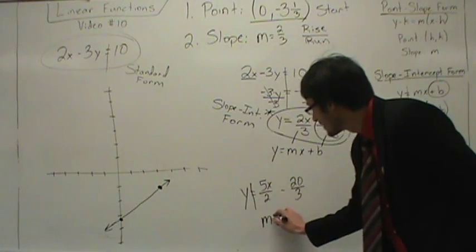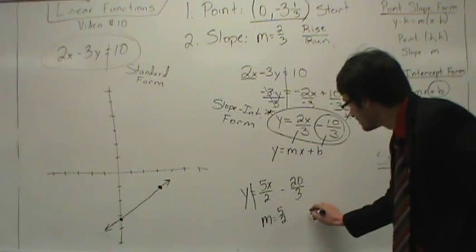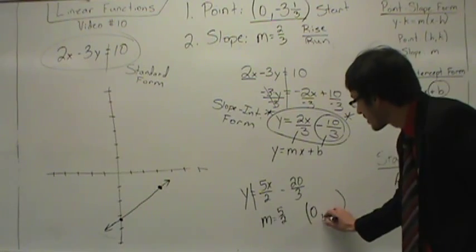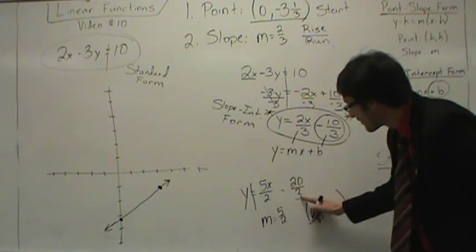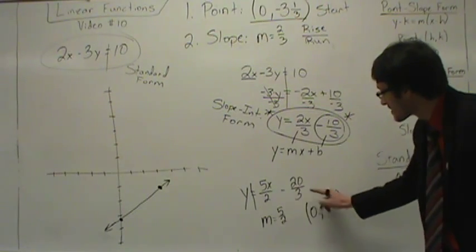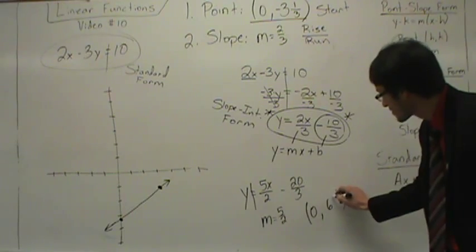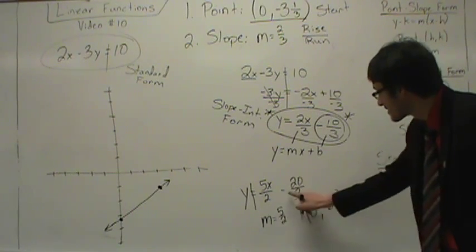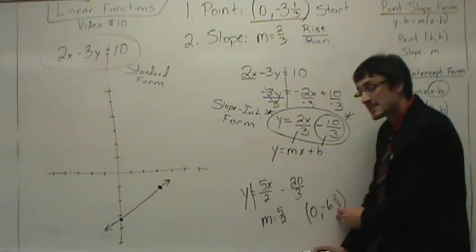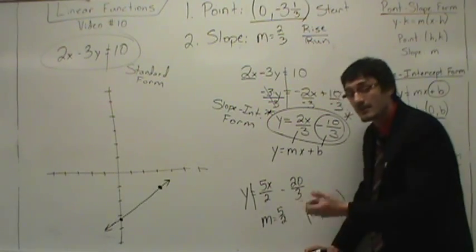Our slope is what's in front of x, 5/2, and our point, since this is a y-intercept, starts with 0, comma, and then we take 20 divided by 3. 3 goes into 20 6 times, 6 times 3 is 18, there are 2 left over to get to 20, so 2/3. Since this is negative, you will graph the point 0, -6 2/3, and then your slope is 5/2, so up 5, right 2. You graph your line, you're done.